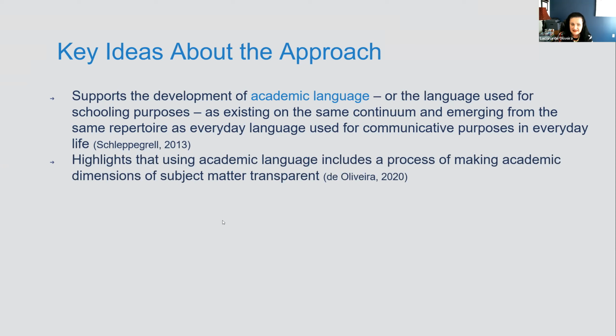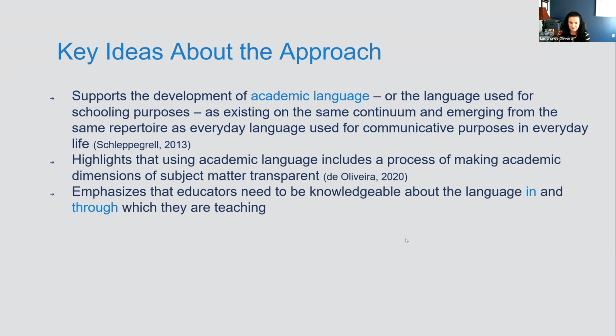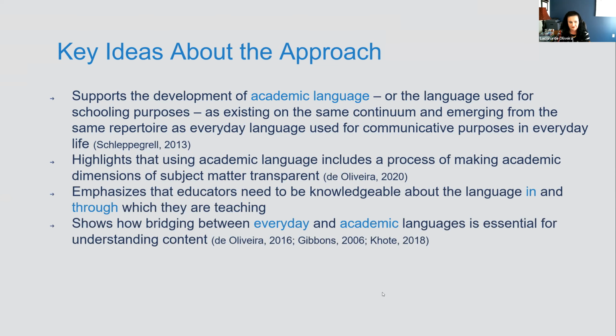It highlights that using academic language includes a process of making academic dimensions of subject matter transparent. It emphasizes that educators need to be knowledgeable about the language in and through which they're teaching. And it shows how bridging between everyday and academic languages is essential for understanding content.